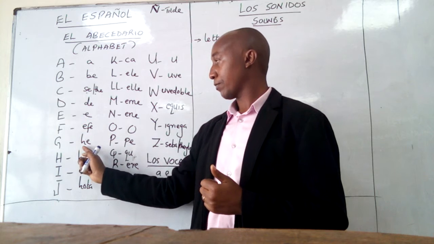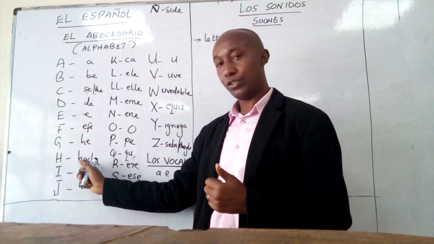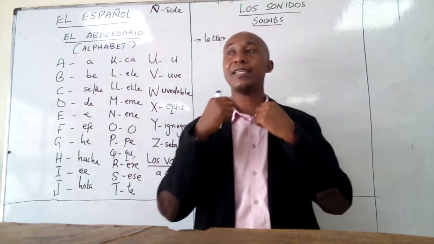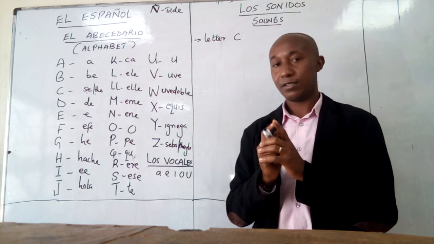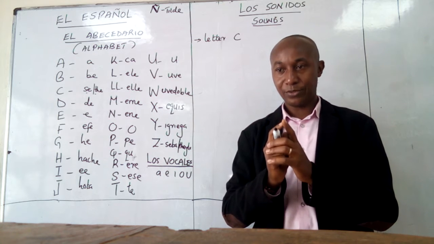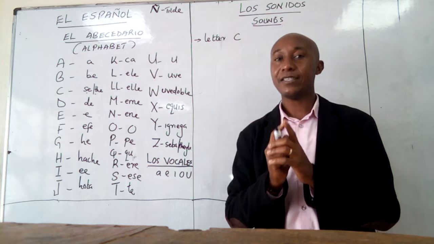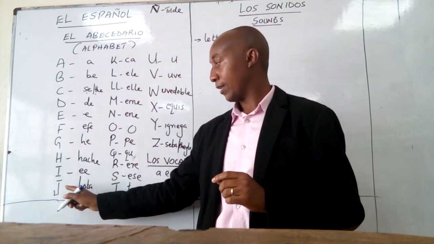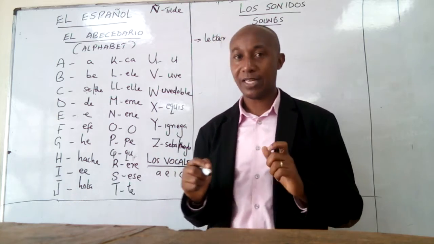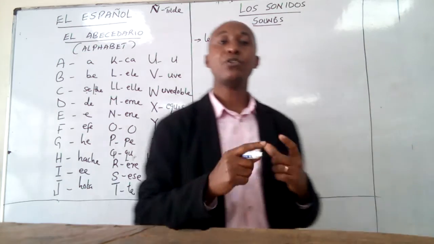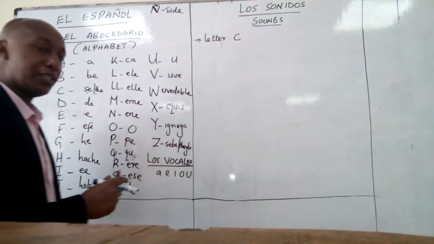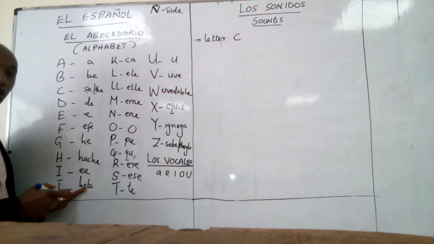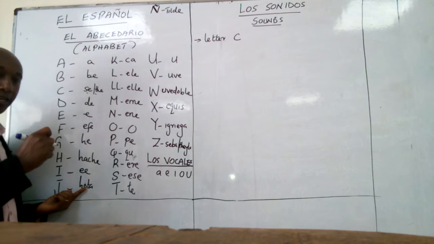Then we have letter H. Remember, the H is a silent letter in Spanish, so we will not say it with a sound. Then we have I, which is E. J is Jota. The sound of letter J as in English does not exist in Spanish, so we will not say it the English way.